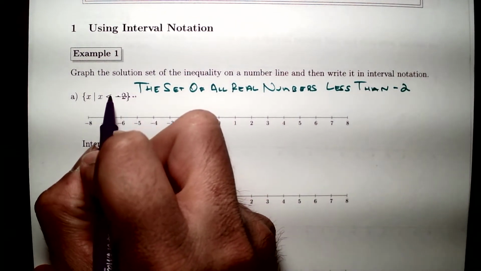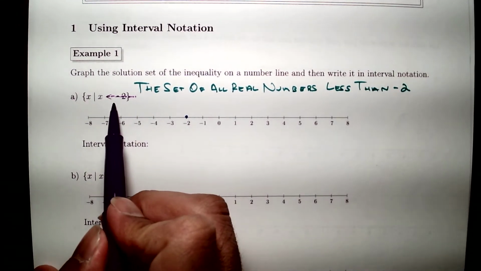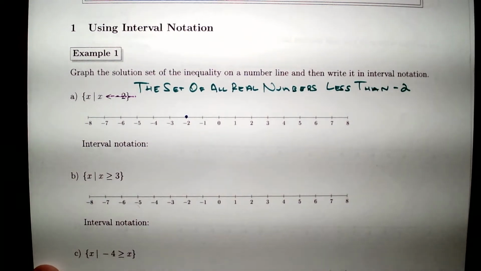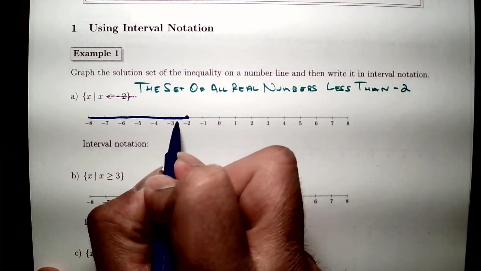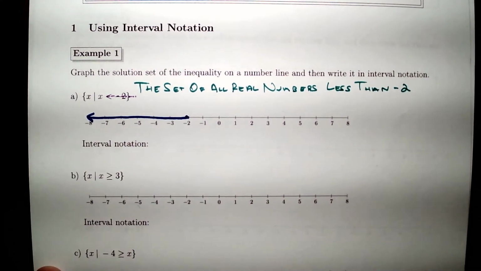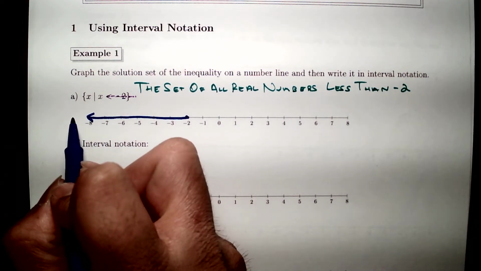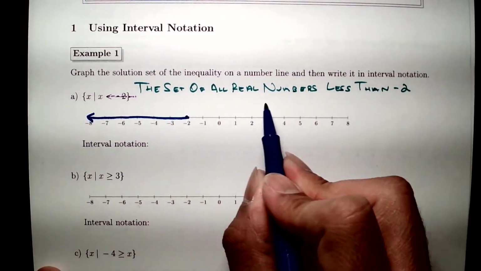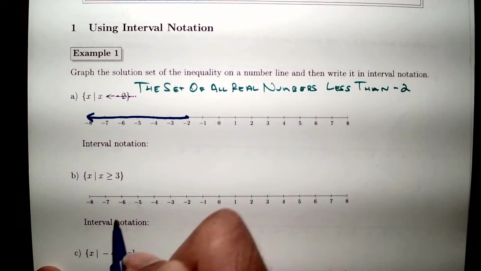So if you draw an imaginary arrow, we are going to shade towards the left. So that means we're going to go all the way to the left of -2, and be sure to have this arrow to denote that it goes all the way to -infinity, because those are all the numbers that are less than -2.